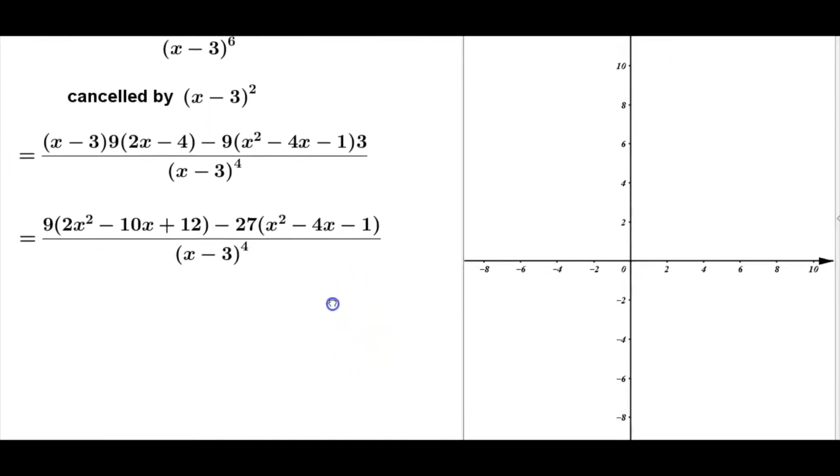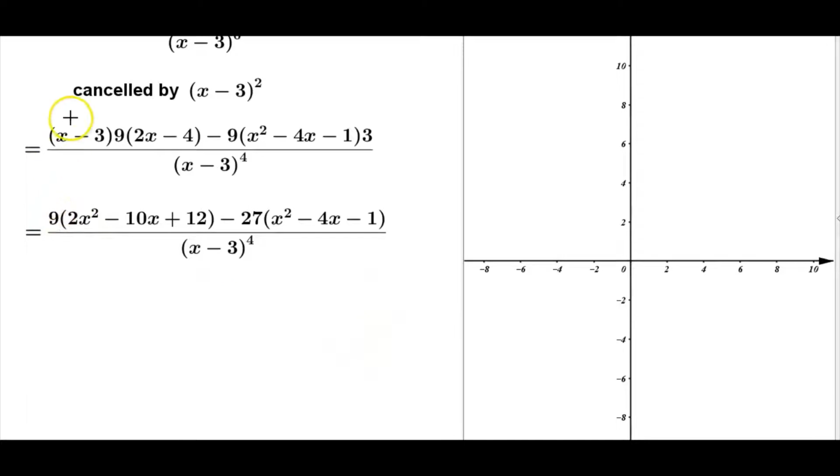Expanding this bracket, 9 into x into 2x, 2x squared minus 6x minus 6x minus 4x, they have minus 10x, minus 3 into minus 4 plus 12, minus 9 into 3, 27 into (x squared minus 4x minus 1) over (x minus 3) to the power 4.